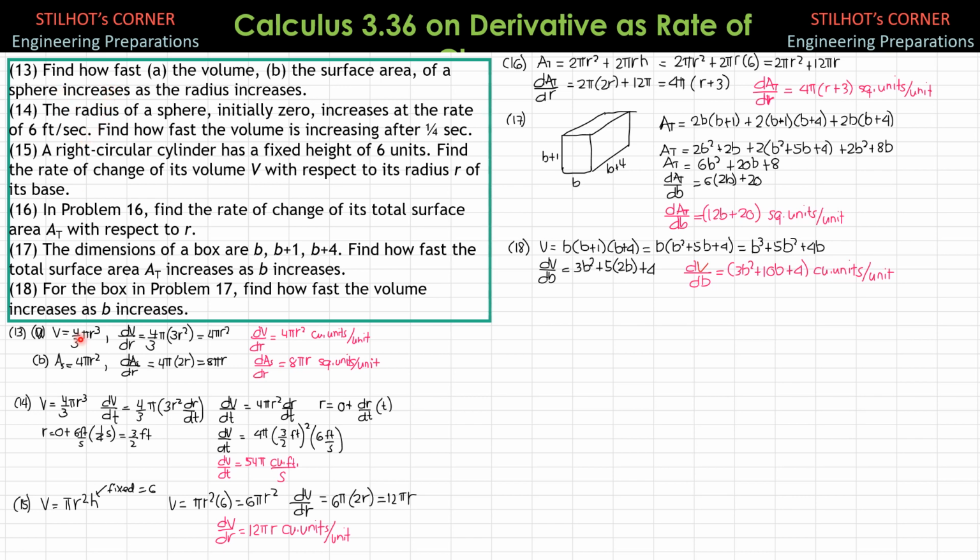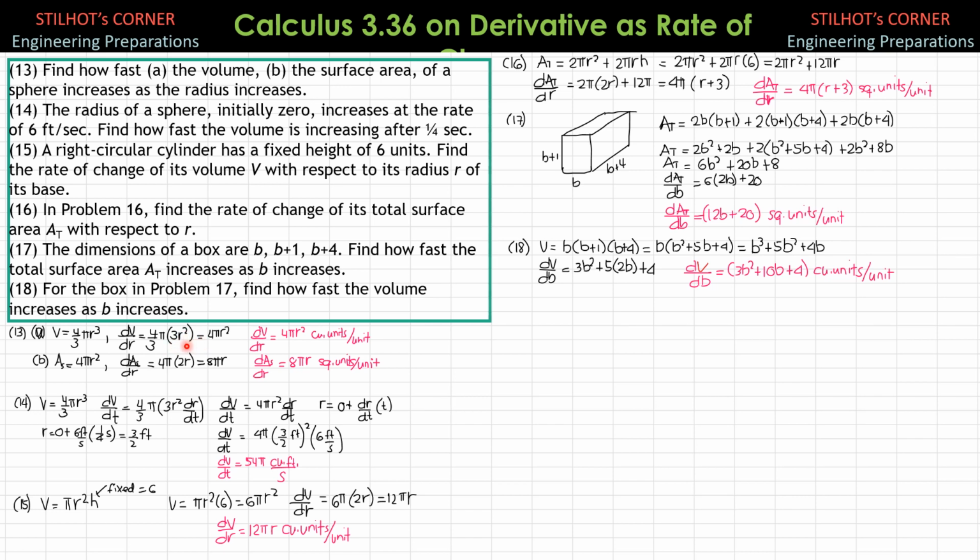So for 13, volume of sphere is 4/3 pi r cubed in terms of the radius, pi over 6 diameter cubed if in terms of the diameter. So differentiating volume with respect to radius, it is constant, copy 4/3 pi, then derivative of r cubed by power formula is 3 r to the 3 minus 1, so r squared.